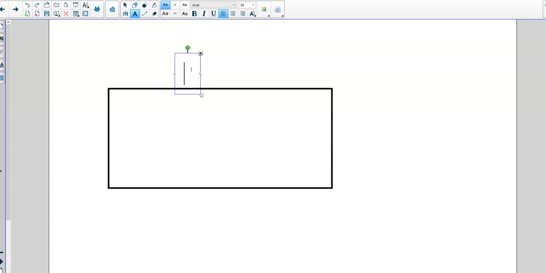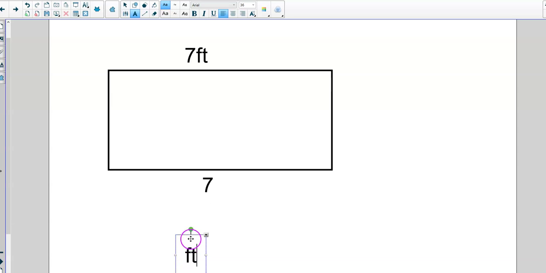I'm going to say this side is 7 feet. Then this side also has to be 7 feet because it's a rectangle. Then let's say that this side is 5 feet, and this side is also going to be 5 feet. I would like you to take some time right now to figure out the perimeter.